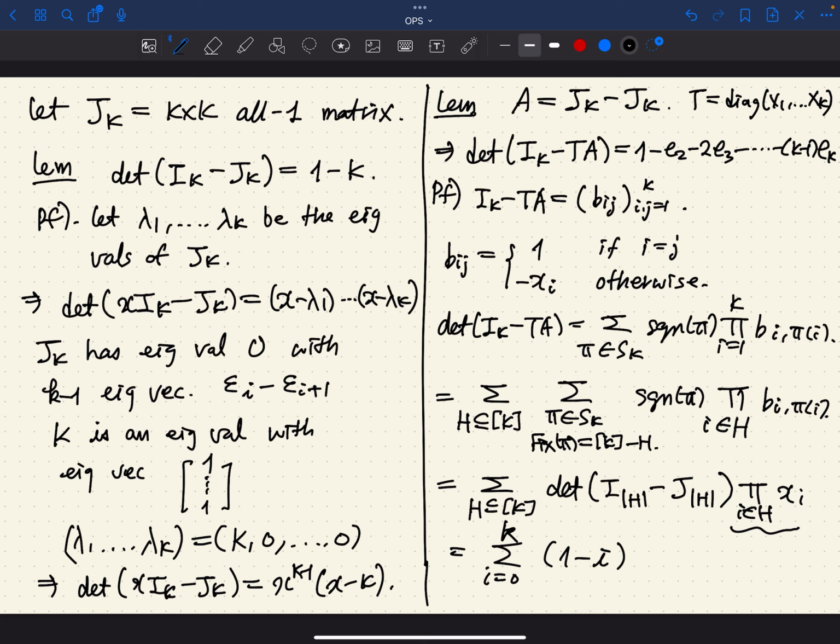This is exactly EI. But that's exactly what we wanted over here. So that's the proof. I didn't explain the full details here, but there are some steps that I explained briefly. Right? Okay.